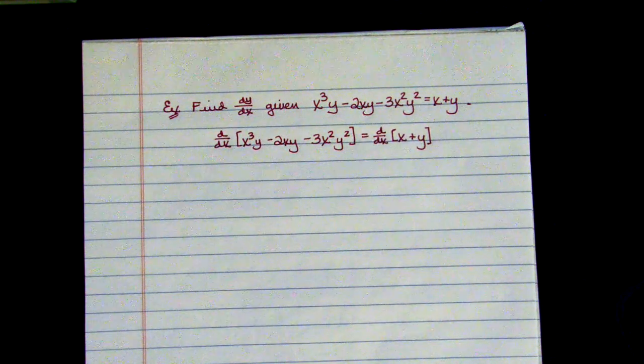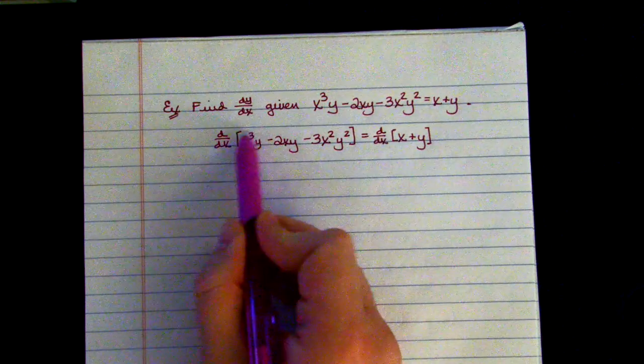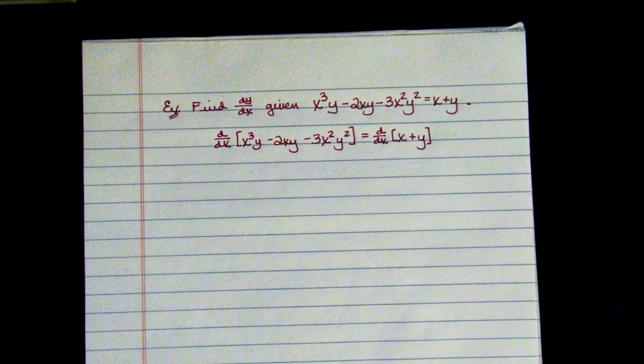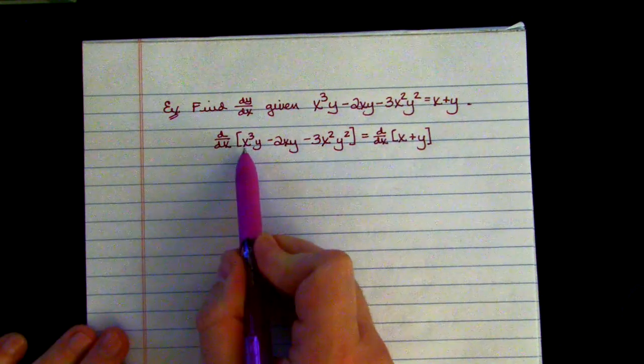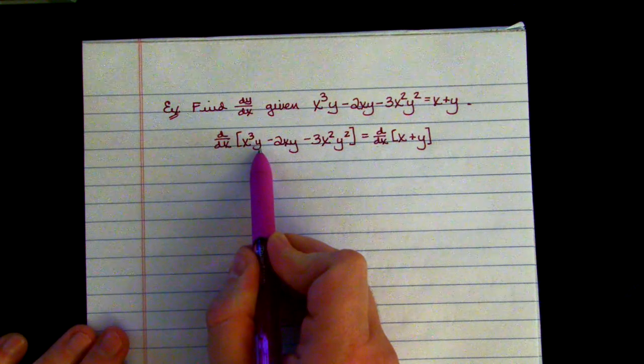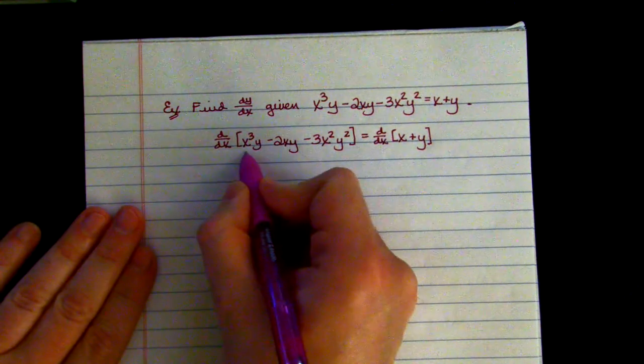Now, to find the derivative of x cubed y, what rule am I going to have to use? Hopefully you said product rule. This is the product of x cubed times y. So I'm going to do this.